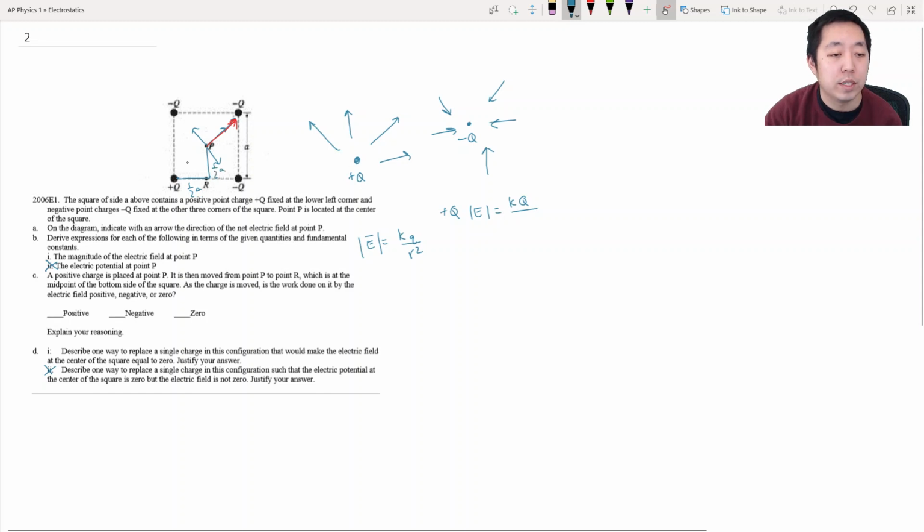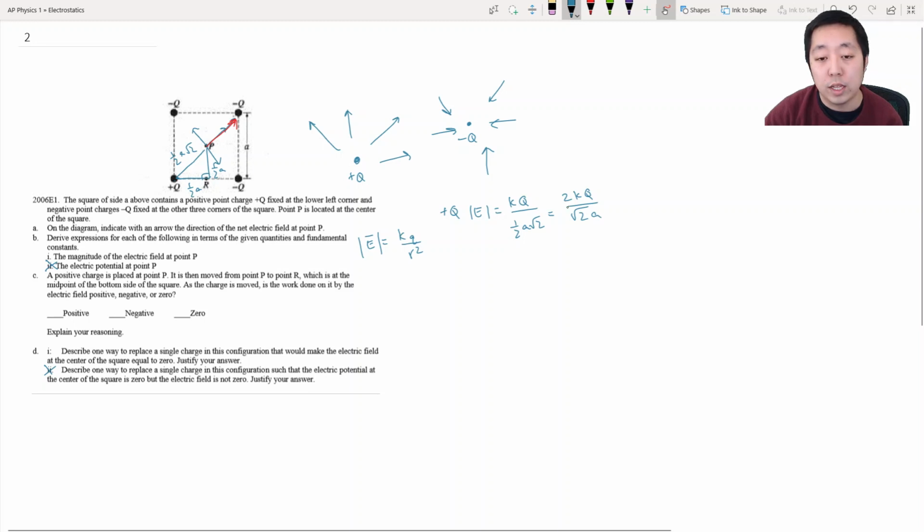The distance from here to here by the Pythagorean theorem is 1/2 a times square root of 2, because this is a 45-45 triangle. So that's equal to 2kq over square root of 2 a.